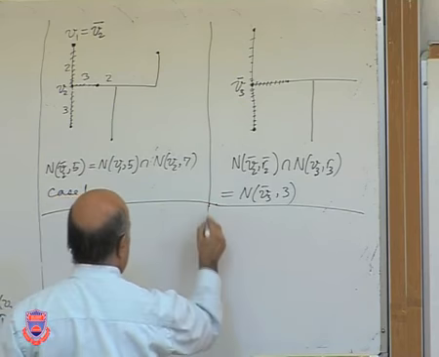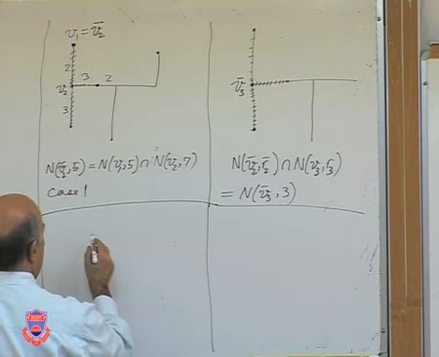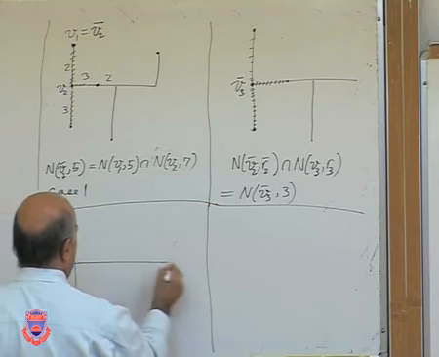What's the next one? You intersect it with V4, R4. So let's do it here.